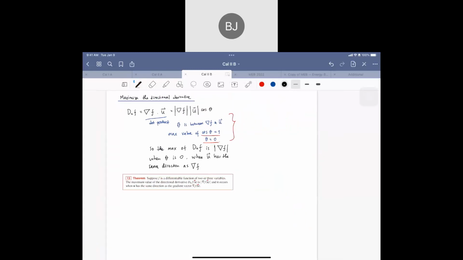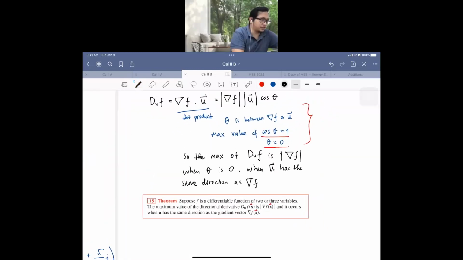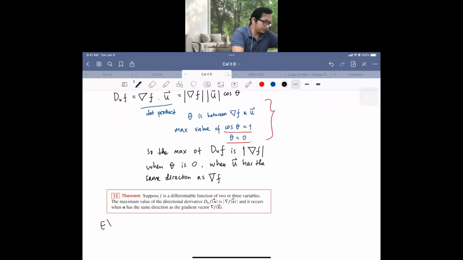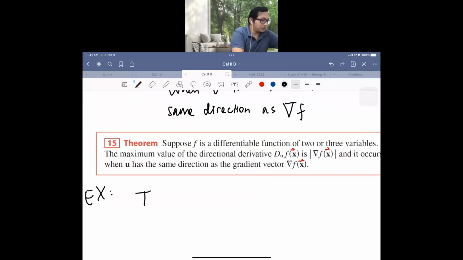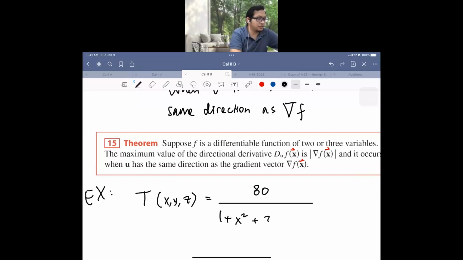Okay, now let me give you a context with an example. Let T be a function of 3 variables, a temperature function, T of x, y, z equals 80 divided by 1 plus x squared plus 2y squared plus 3z squared.